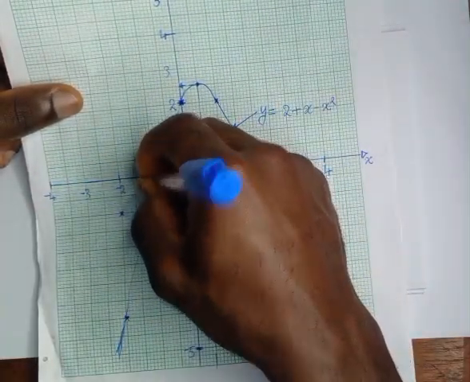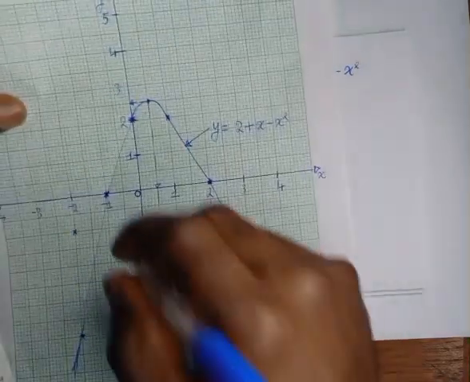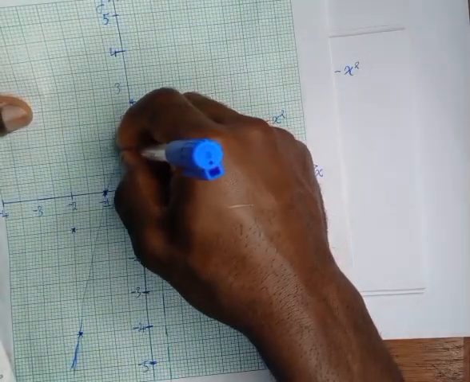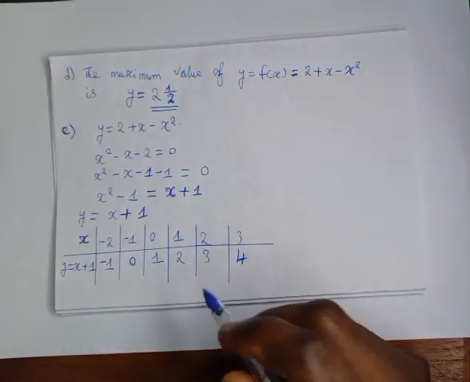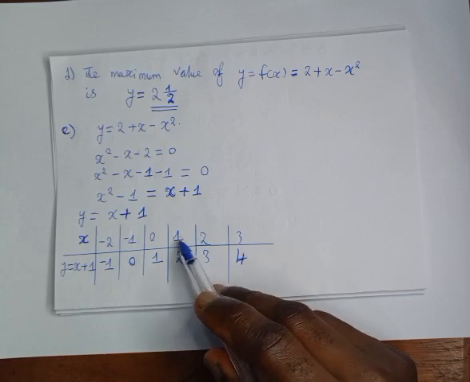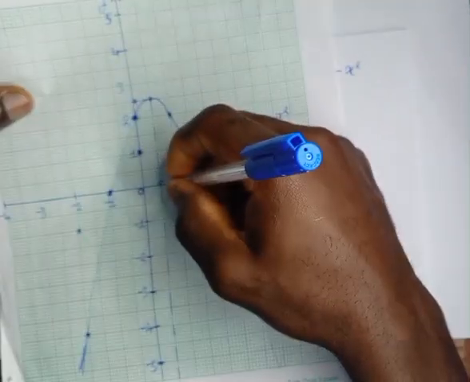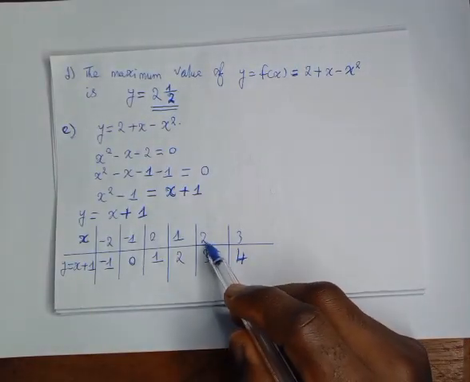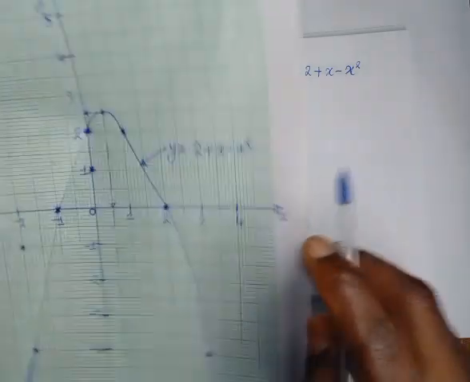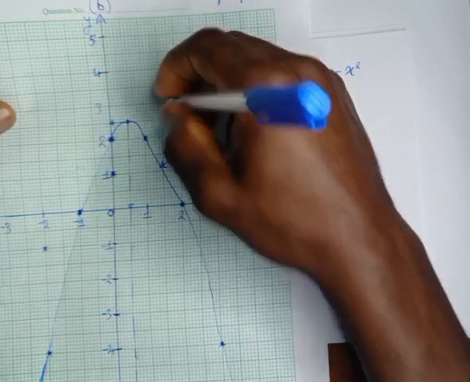This here. We go to the next. x is 0, y is 1. 0, 1. We plot here. We go to the next. x is 1, y is 2. 1, 2. We meet here, which has already been plotted. We go to the next. x is 2, y is 3. 2, 3. We plot. This is where they meet.